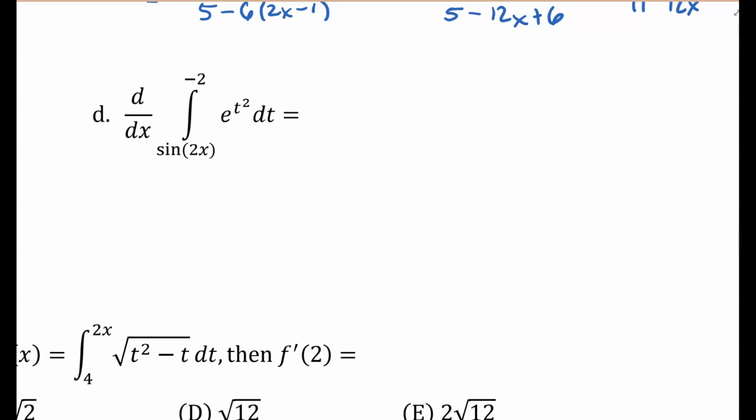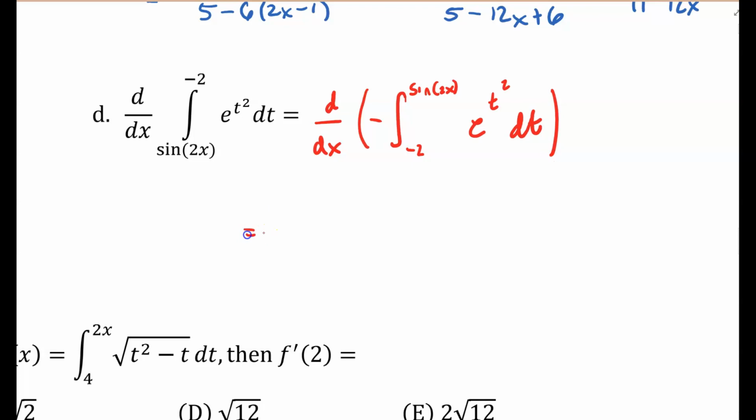All right, here I have a derivative of an integral, and what I notice is those are going to cancel each other out, but my function's not in the numerator. So I'm going to rewrite this, or at least include this in my answer, by flipping my limits of integration so that sine of 2x, that function, is in the upper limit of e to the power of t squared dt.